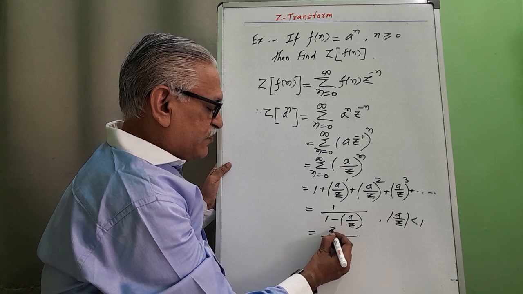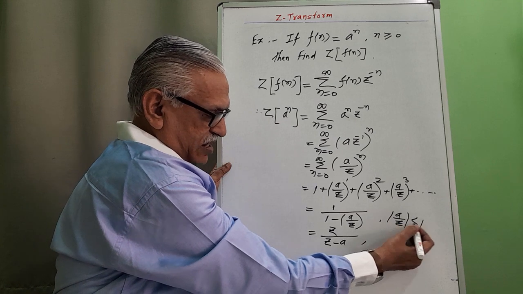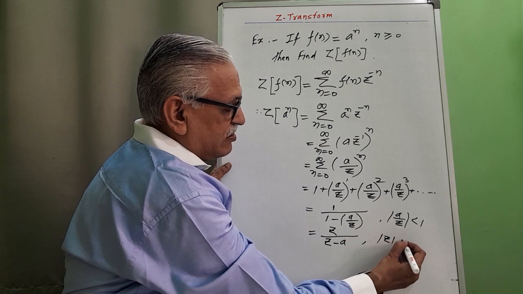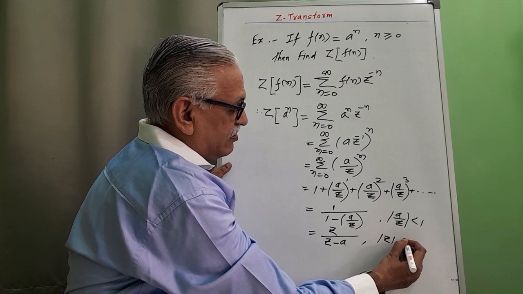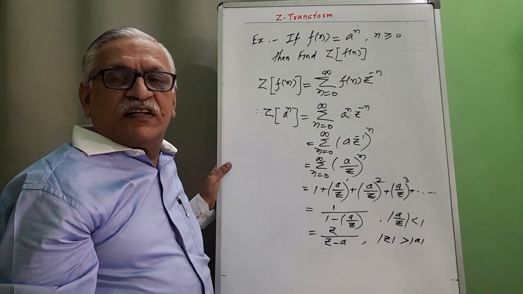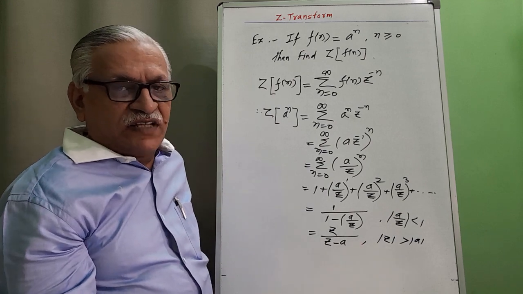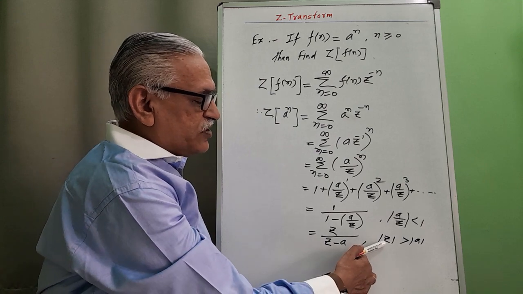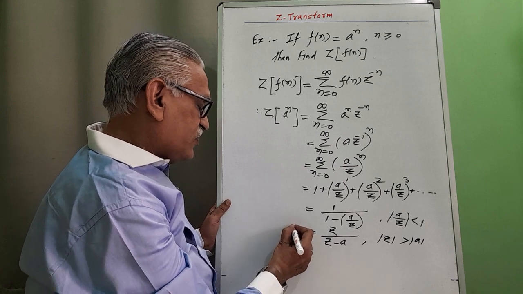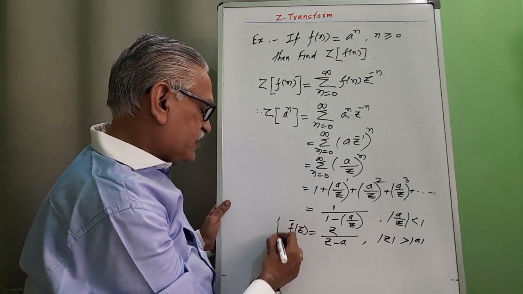It becomes z upon z minus a, and transferring this to the other side we get mod of z greater than mod of a. This is the region of convergence. This represents a standard circle, center at origin and radius a. This we call f bar of z. Therefore, this is the required Z transform.